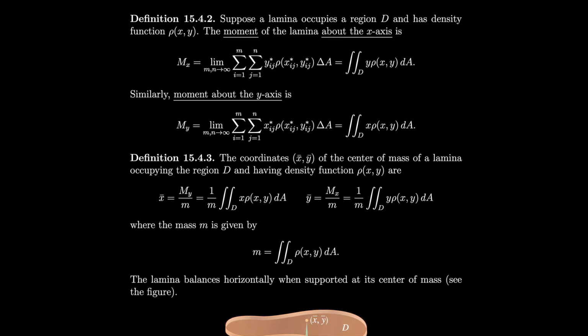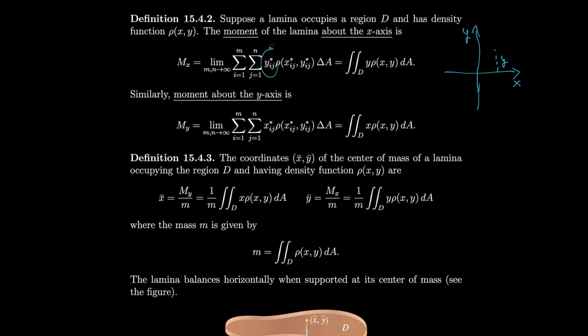Next, suppose a lamina occupies a region D and has density function rho. The moment of the lamina about the x-axis is defined similarly to the way we did in Section 8.3 in single variable calculus, where we take the distance from the x-axis. Remember, if we're drawing some x and y axis, then we want the distance from the x-axis for a point, so that's some y value.